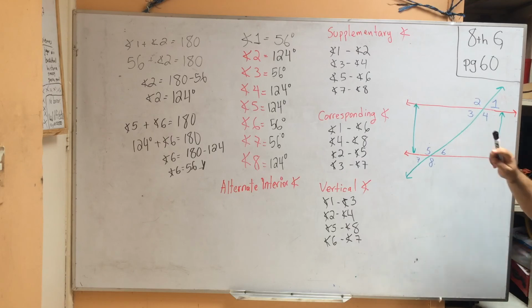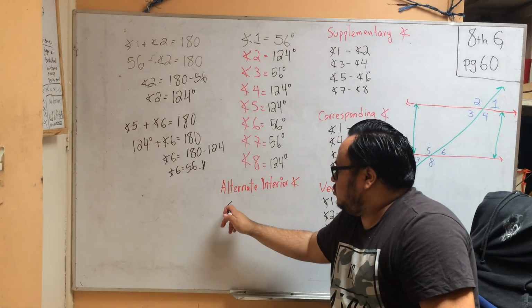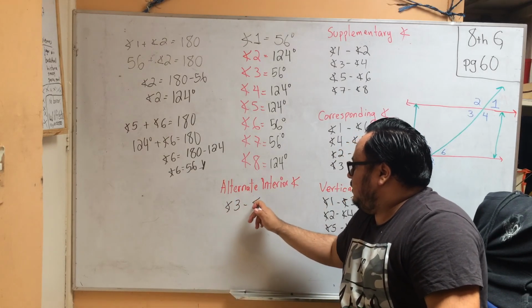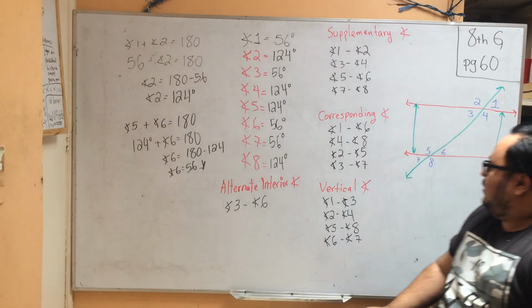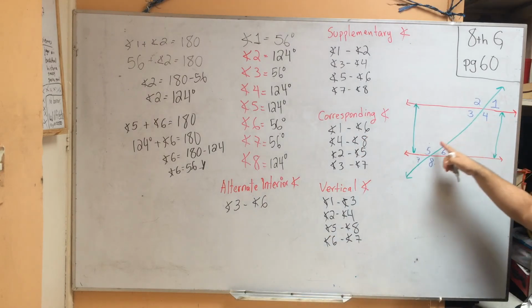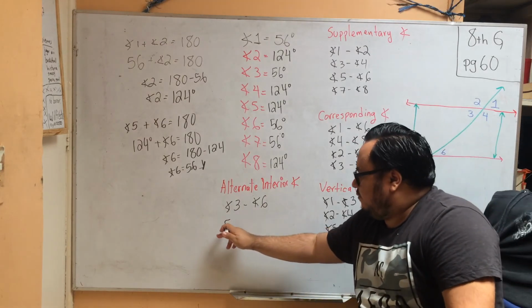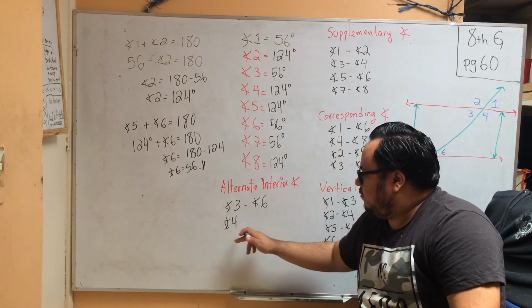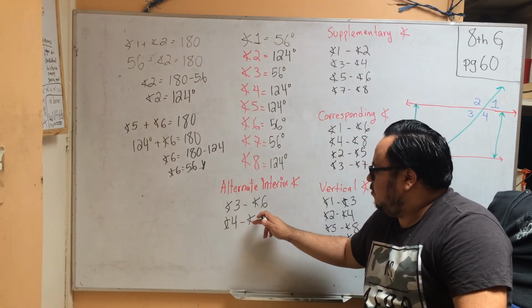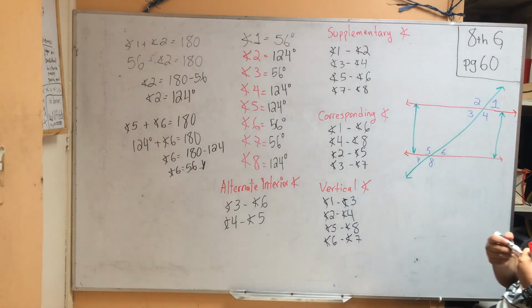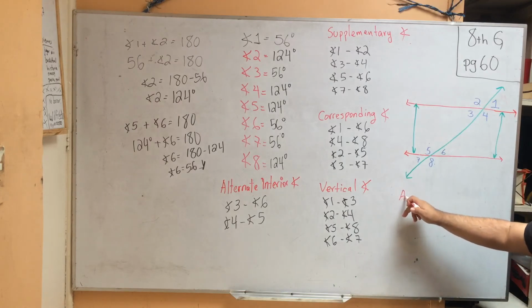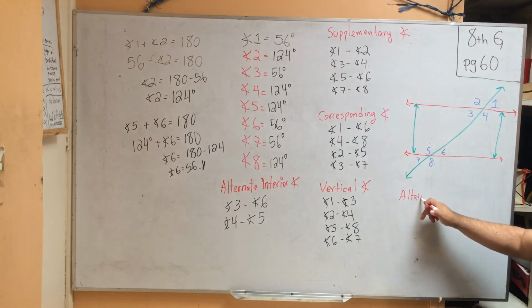So alternate interior angles would be 3 and 6, angles 3 and 6, and 4 and 5, angle 4 and angle 5, because remember, interior means inside the parallel lines. And they also ask us for alternate exterior angles.